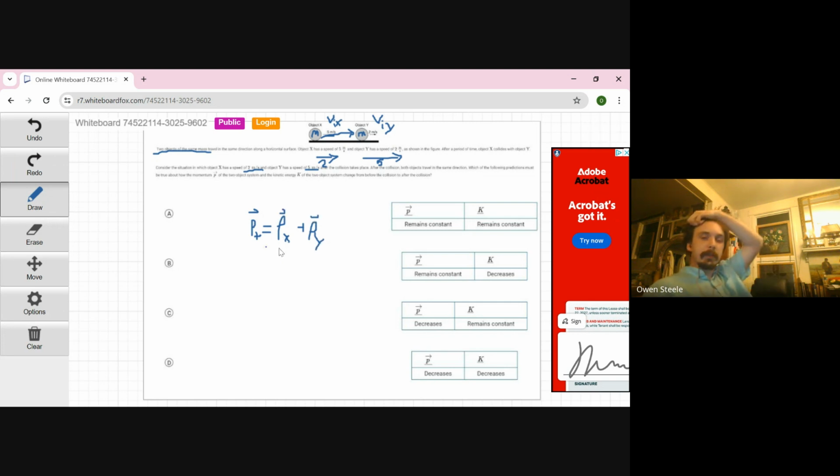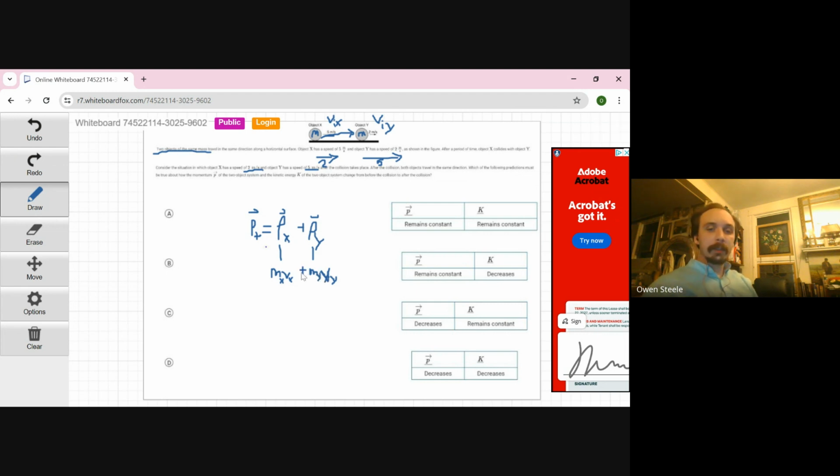Both of these numbers will be the mass times the velocity of the respective objects. This will be m v x for both of these. This will be m v y for both of these. These two terms are added together.